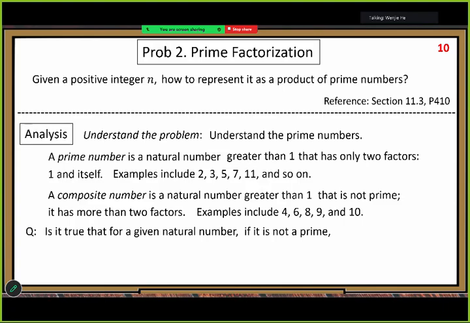If a natural number is not a prime, then it must be a composite number. Is the statement true?